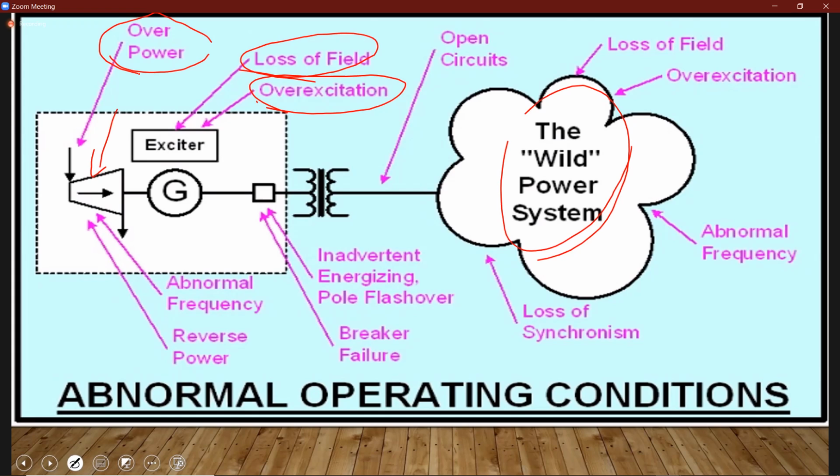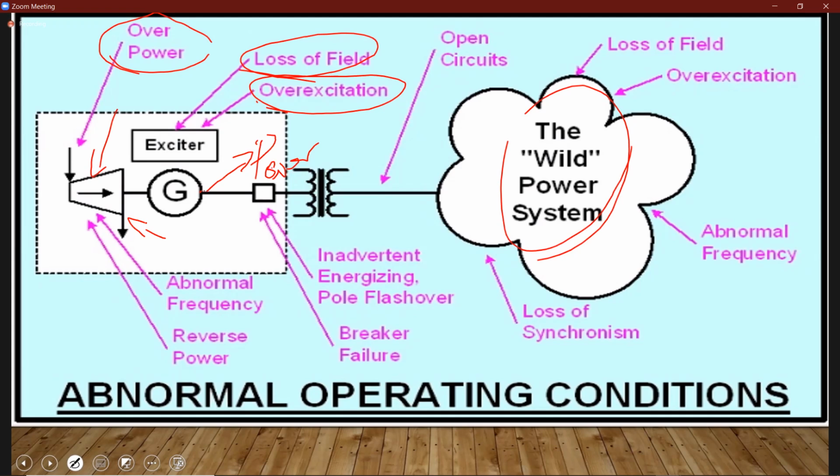Because of course, whatever power output we get from the generator is the power coming from the prime mover.